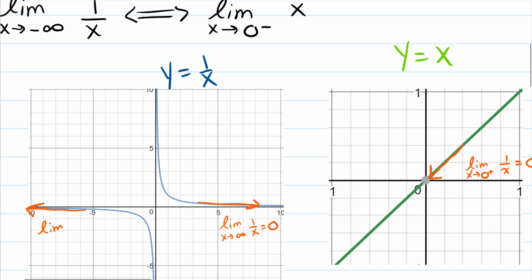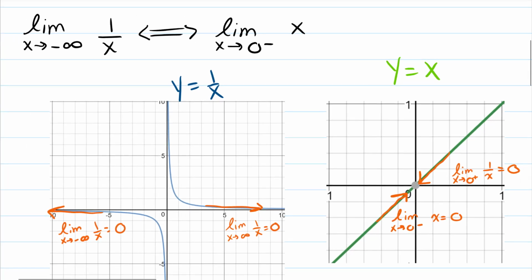The limit as x approaches negative infinity of 1 over x is also 0. And as we approach 0 from the left, the limit as x approaches 0 from the left of x is 0. My mistake, this should be an x right here, not a 1 over x. So you take the reciprocal of infinity, which is 0, and then you take the reciprocal of the function, and you'll get the same limit.